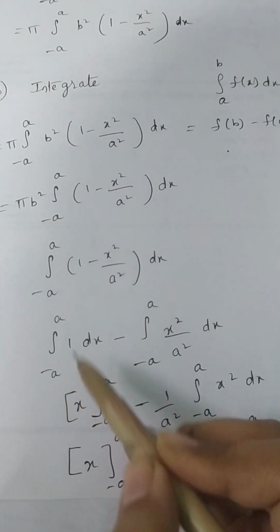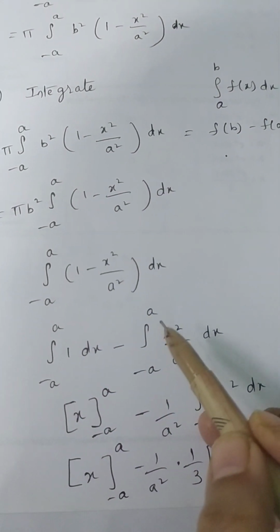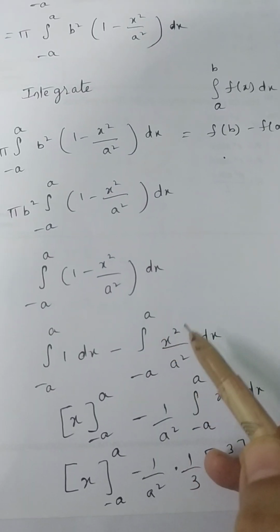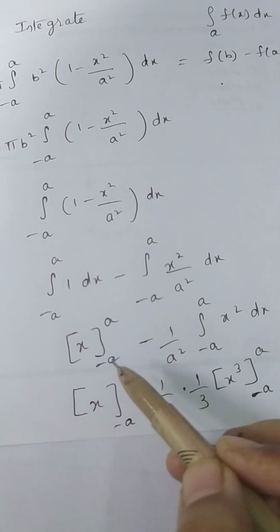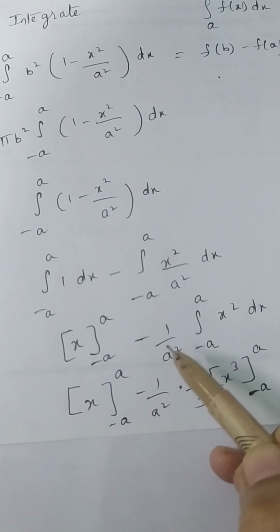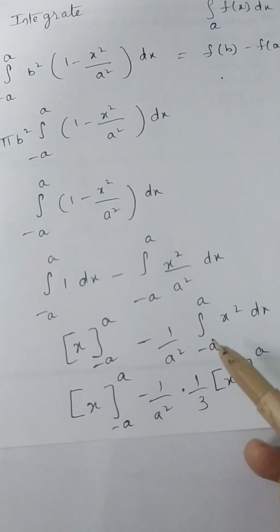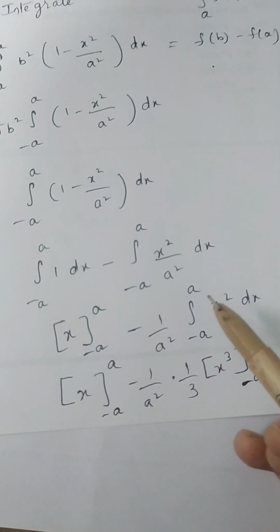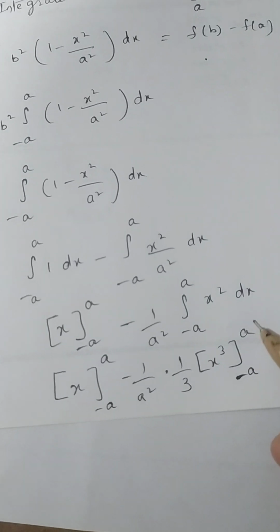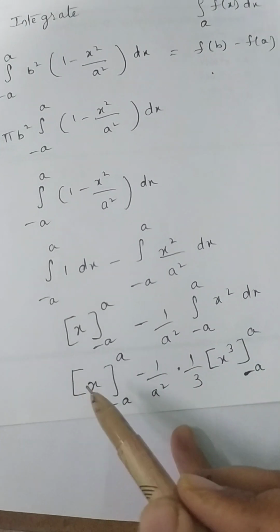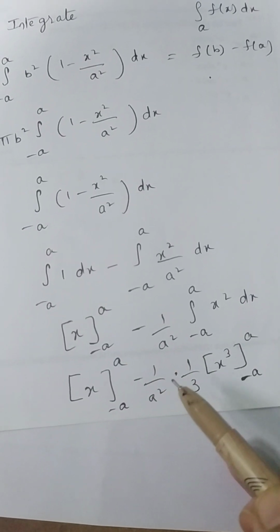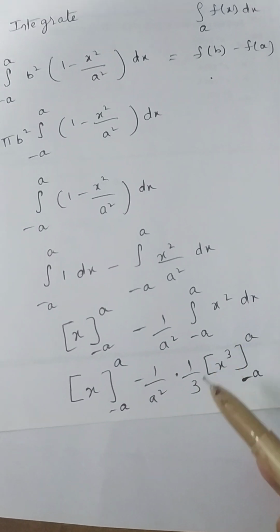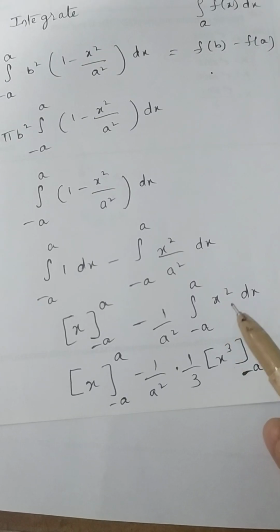Integral minus a to a 1 dx minus integral minus a to a x square by a square dx. So integral 1 dx is x from minus a to a, minus 1 by a square integral minus a to a x square dx. So x from minus a to a, minus 1 by a square into 1 by 3 x cube, integrating x square gives x cube by 3.